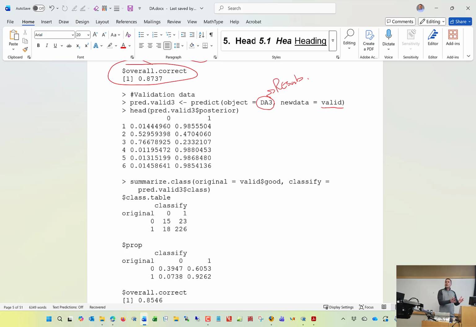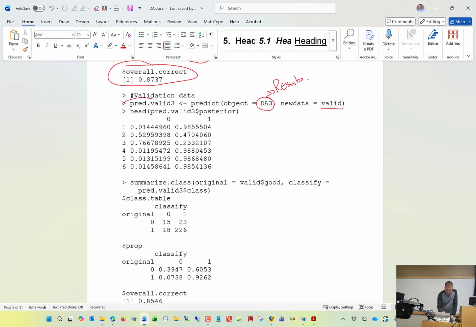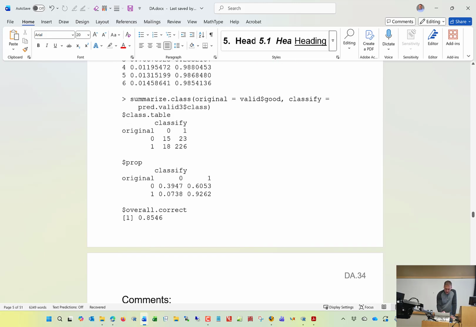It doesn't make sense to do the cross-validation way, because the validation data set is a totally new data set that you're just trying to predict with. So I put the results into pred.valid.3 and I look at summarize.class. Overall correct percentage, 85%. For the good equal ones, about 93%. For the good equal zeros, about 39%.